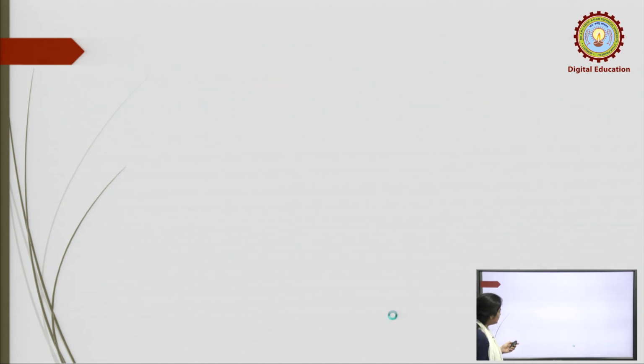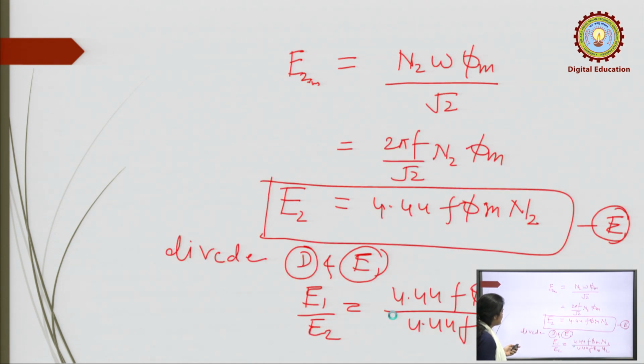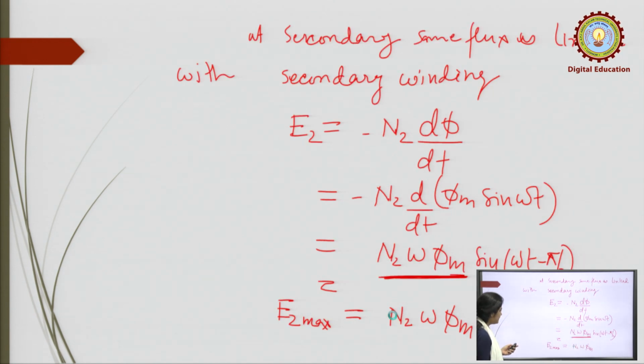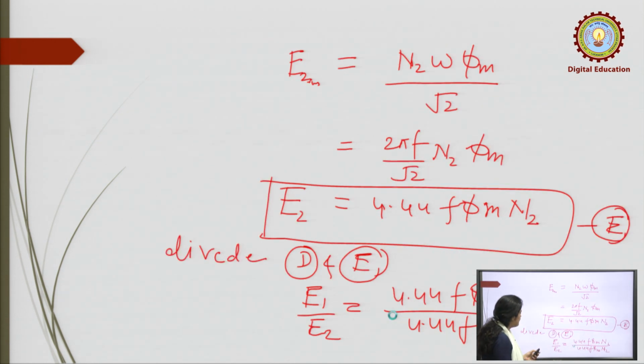Now you can draw E2. E2 is in the same phase as E1 because it also has the term sin omega t minus pi by 2.